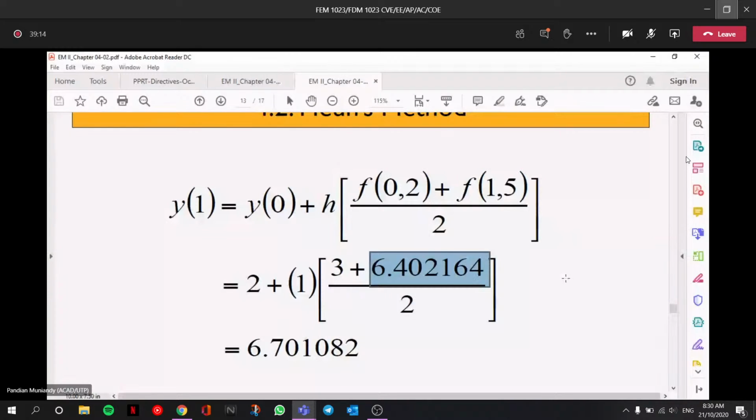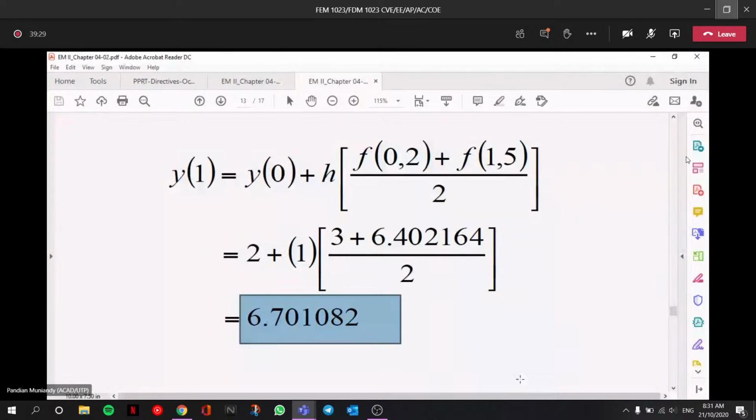Make sure you have this: 6.402164 plus 3, divided by 2. Calculate now. Plus 2, you must have the answer. If the answer is different, please let me know. We will do the correction.